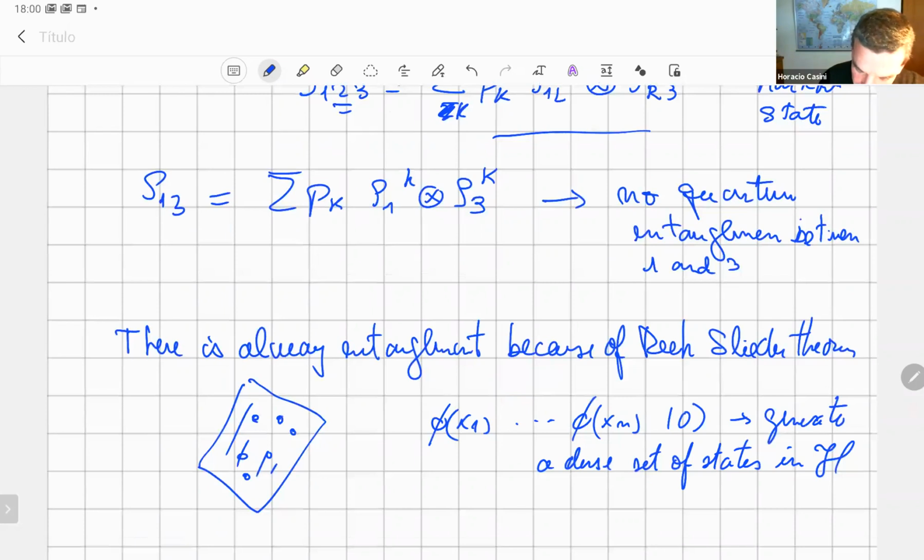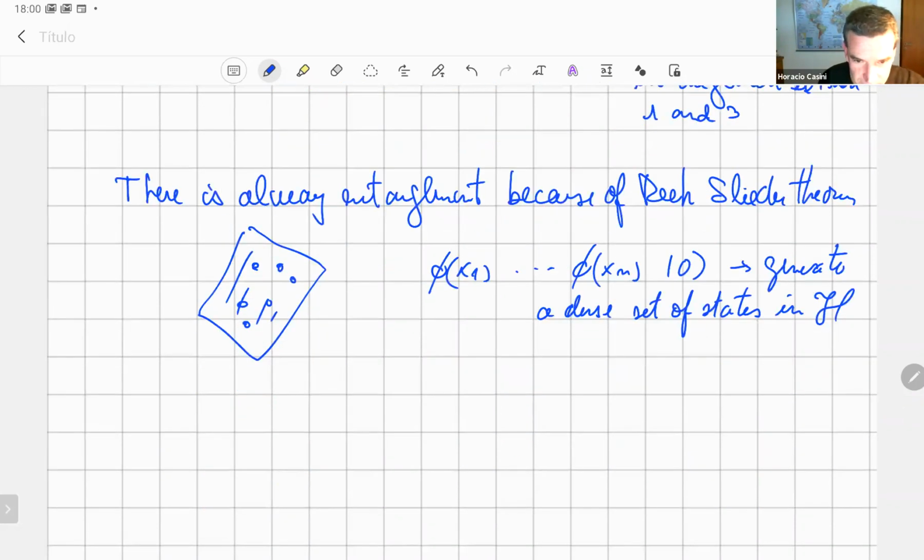This is very counterintuitive, because acting on the vacuum in a finite region, you can generate particles or states very near particles that are very far away. And this is because of entanglement. And the way the Reeh-Schlieder theorem is proved is the following. Suppose that this is not the case, that this does not generate a dense set of states, where x1 to xn are points inside the region.